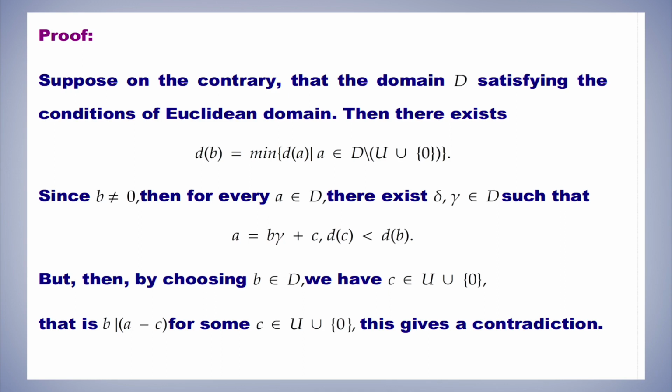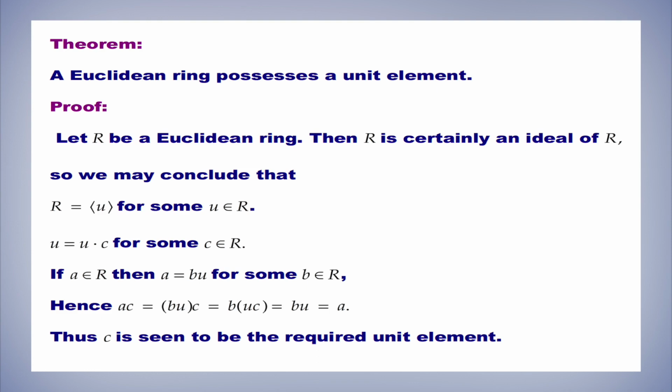Since B is not equal to 0, for every A belonging to D, there exist gamma and C belonging to D such that A can be written as B gamma plus C, and d of C is less than d of B. But by the choice of B, we have C belongs to U union singleton 0. That is, B divides A minus C for some C belonging to U union singleton 0. This gives a contradiction.